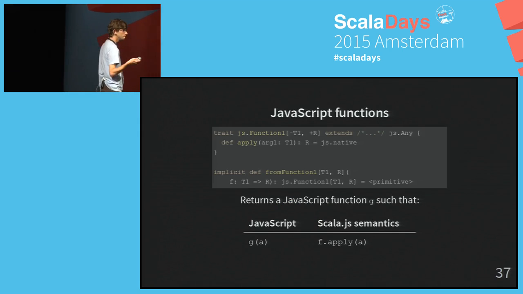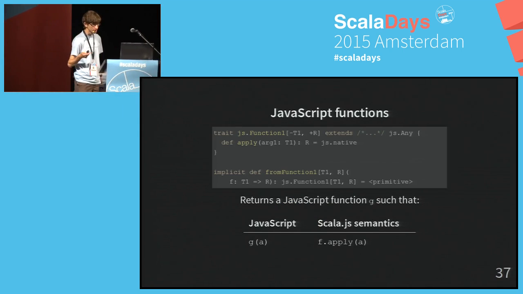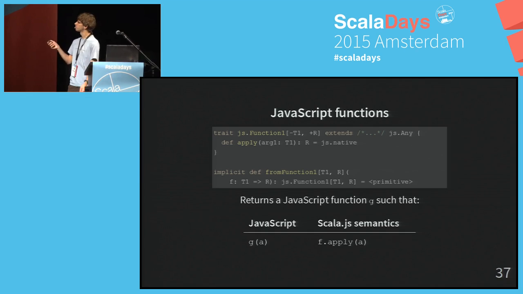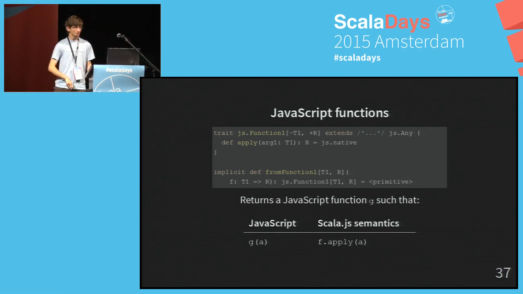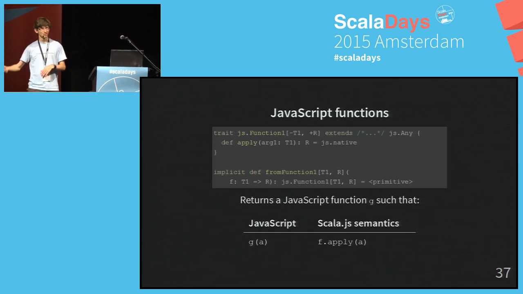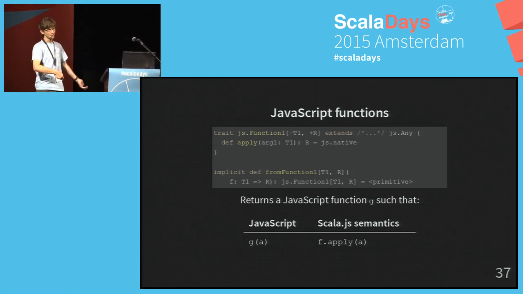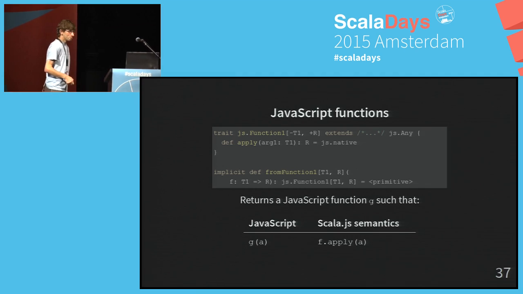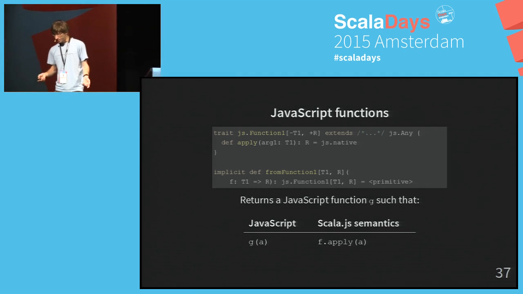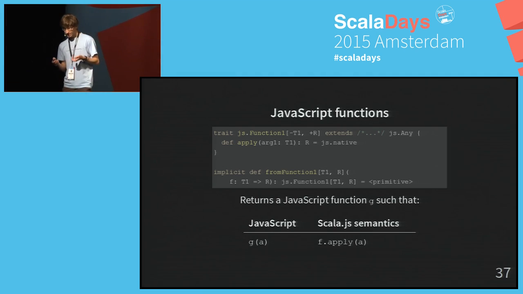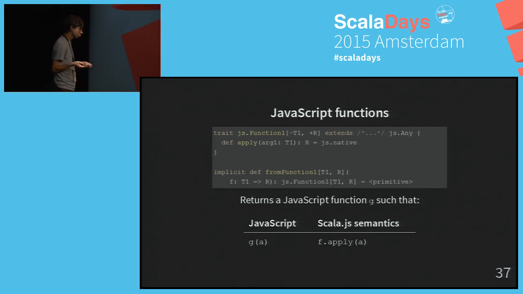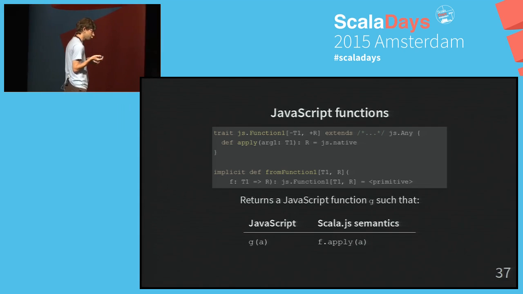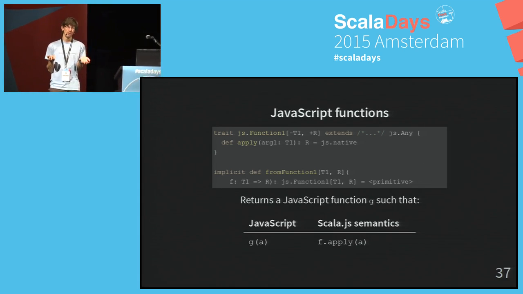We define a new type, which is js.function1, and we have 23 of those for all the arities. And we have 23 implicit conversions in one direction, 23 implicit conversions in the other direction. From a type system point of view, and the way you can understand it as semantics, it's an implicit conversion in terms of Scala. It's nothing special, except that the implementation of this conversion is a bit special.